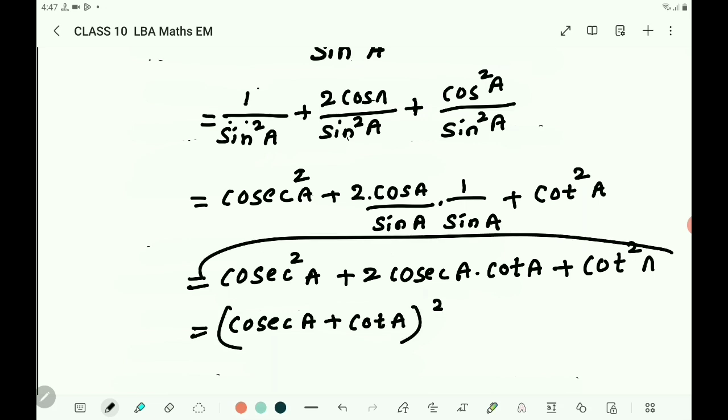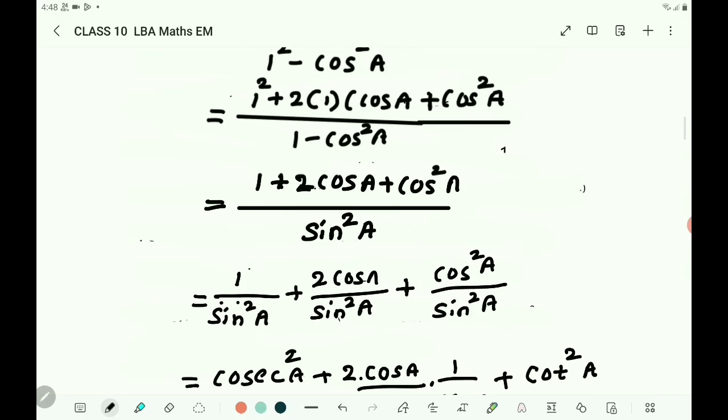You got this expression in the form a plus b the whole square equals a square plus 2ab plus b square, which is equals to RHS.